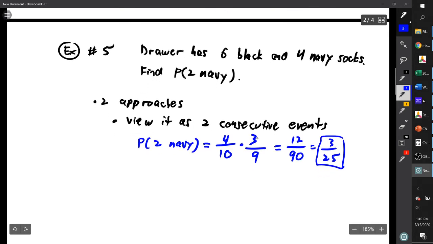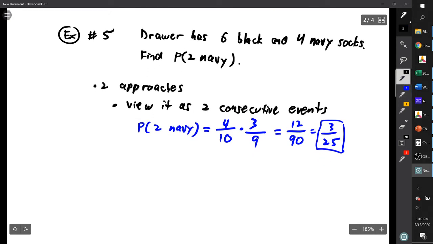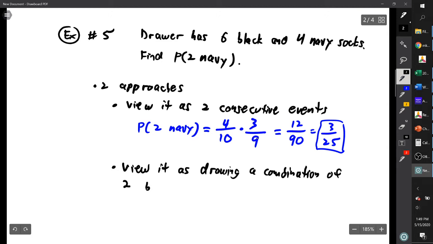Okay? Now if you wish, you can also view this as drawing a combination of 2 navy socks.